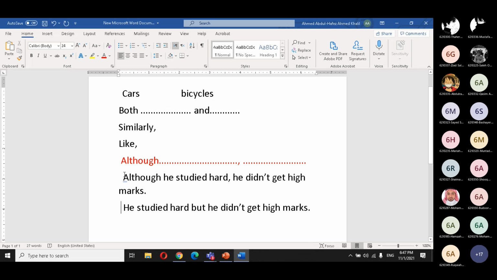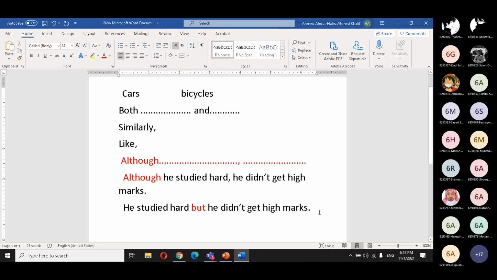Look here, although is at the beginning of the sentence, and then you have the first one and the second one. Look at but. He studied hard here, but in the middle. But he didn't get high marks.